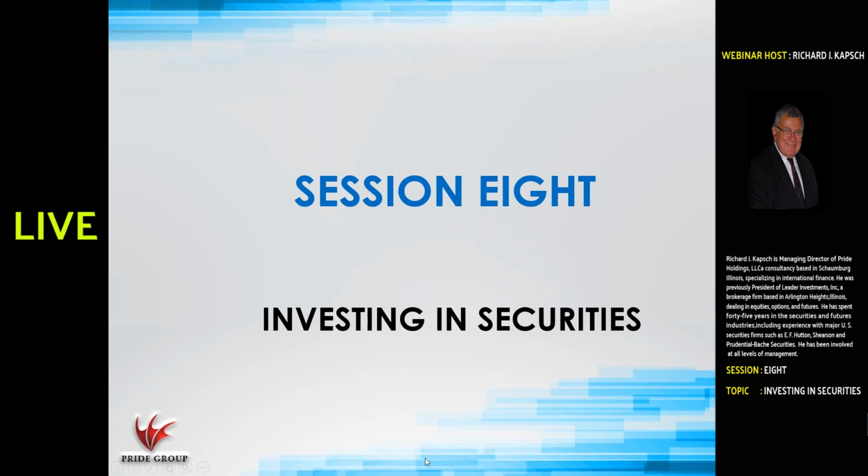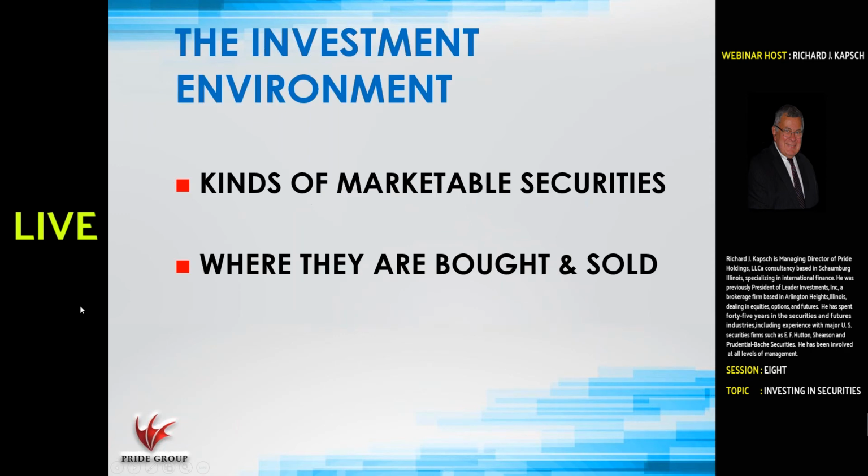Okay, the investment environment consists of two components. One, identifying the kinds of marketable securities that are available for investment, and second, determining where these marketable securities are bought and sold.